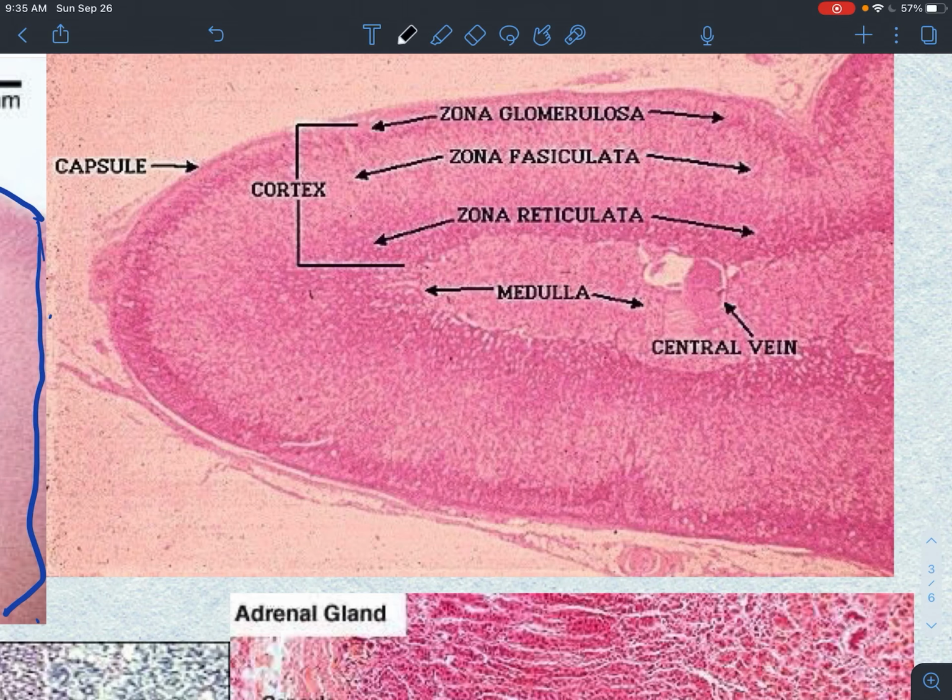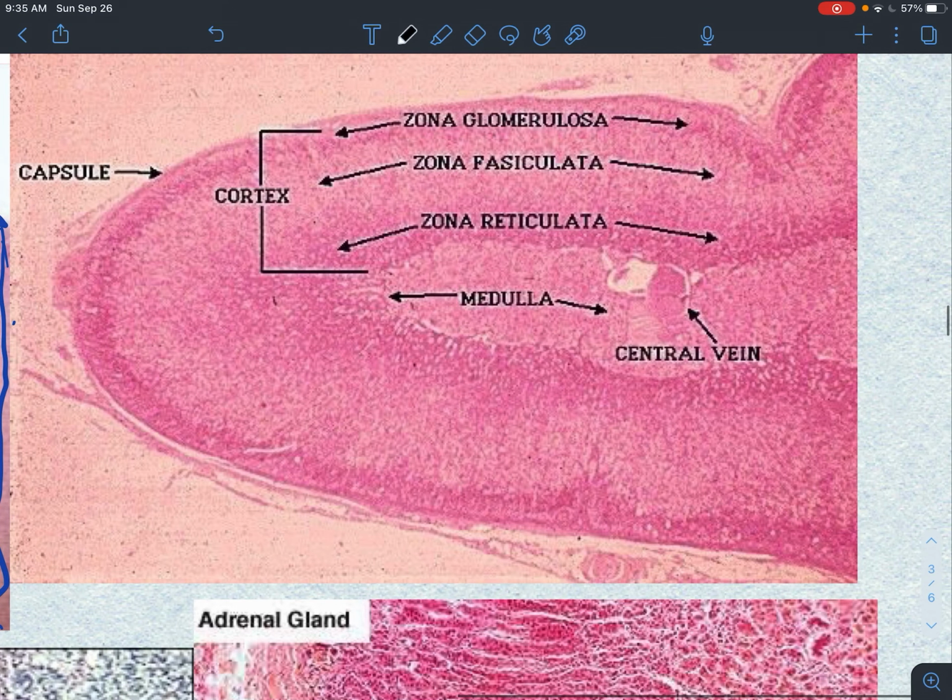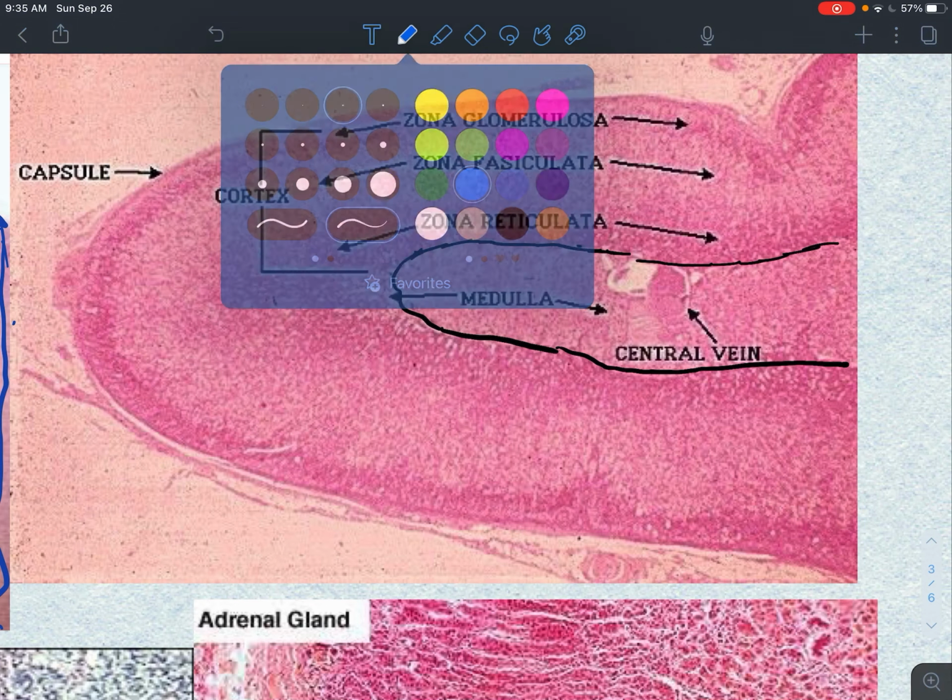Let's do the same type of idea for this. So the first thing to notice here is that we've got this border that is very, very clear. And here we can see that the medulla is this middle portion in here. You can really see that.